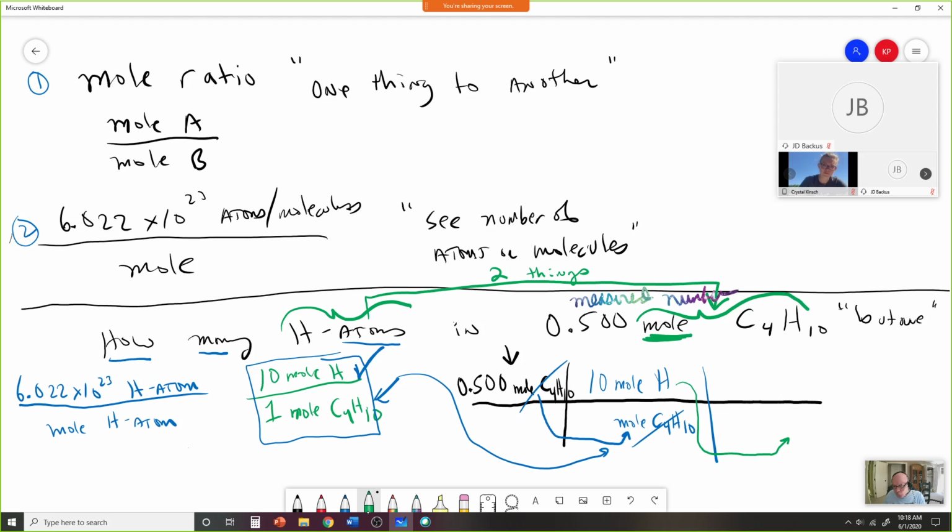The unit that needs to go here is mole H, or moles H atom. It doesn't matter whether you say H or H atom, but we understand. And let me go ahead and label this with atom, because that's really what we're doing. And so where do I see H atom? Moles H atom. Well, we already used this one over here on the right, but here it is right here.